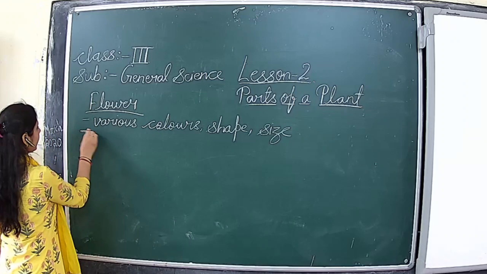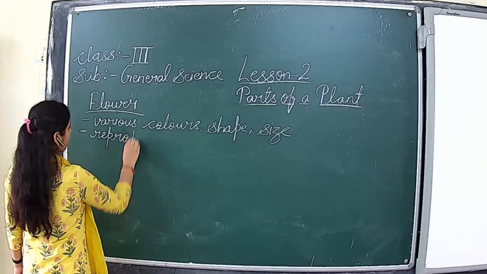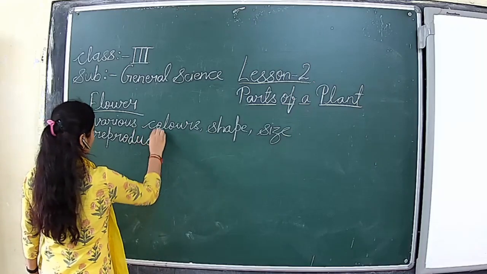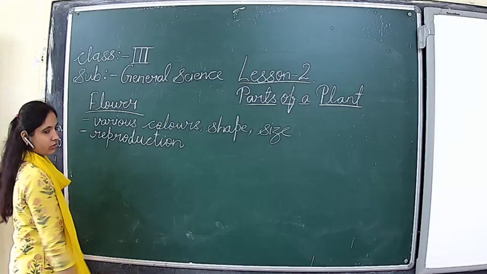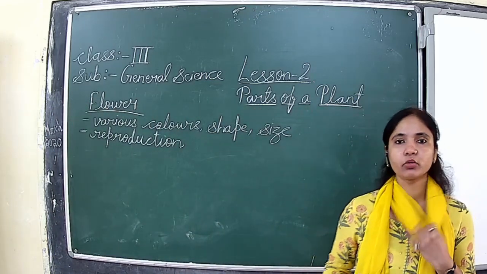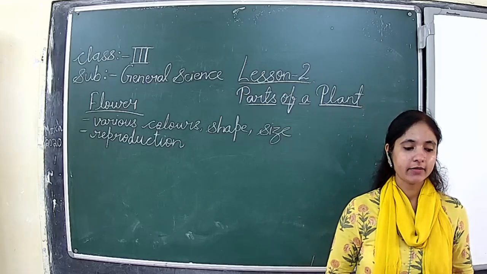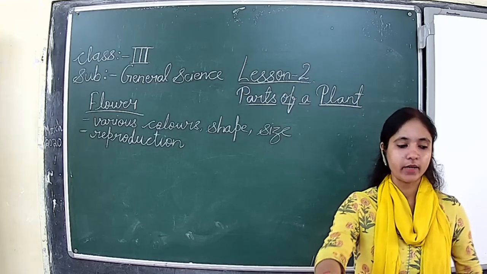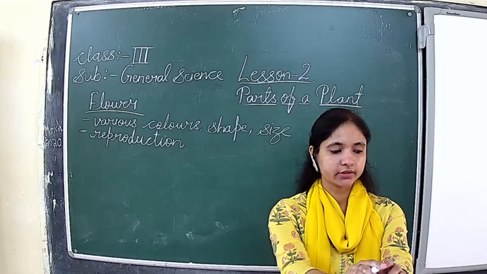Then they help in reproduction. Reproduction is production of a same copy of the plant. Flowers help the plant in the process of reproduction. Some flowers become fruit that have seeds, and seeds grow into new plants. So flowers help in the process of reproduction.